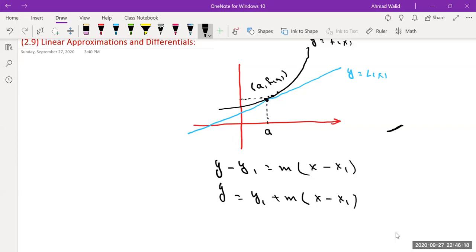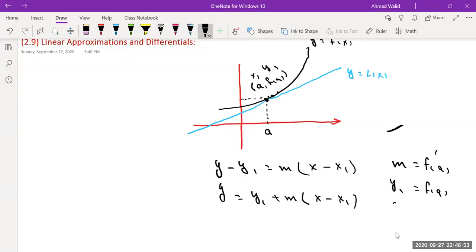What is the slope of the tangent line? Your m is actually f prime a, right? You learned this in limits, you learned this in derivatives as soon as we started, that the slope of the tangent line, f prime a, is actually m, correct? My y1 is actually f of a, and this is your y1 and this is your x1.